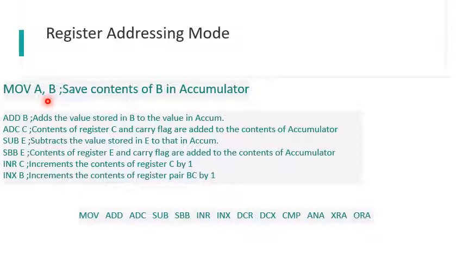The above example can be imagined as telling the microprocessor, hey, I want the goods stored in the warehouse with the name B to be moved to the warehouse with the name A. Here are some more examples of register addressing mode. Some more instructions using register addressing mode are given below. To know about each of them in detail, you can check the previous video lecture on instruction sets of 8085.